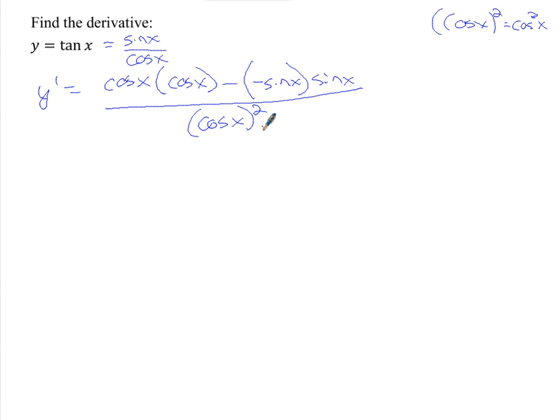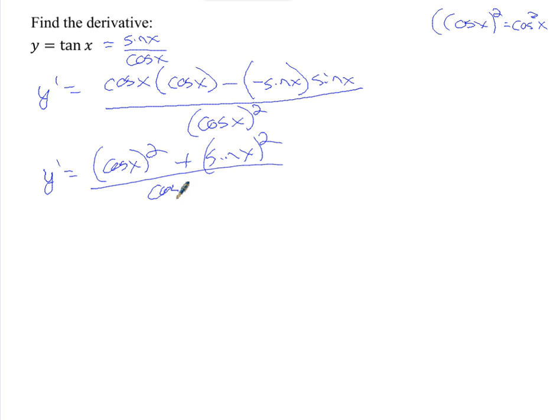Okay. All right, so now we're going to simplify this. y prime equals cosine x squared plus sine x squared all over cosine x squared. Split them up. What do you mean? Like fractions.